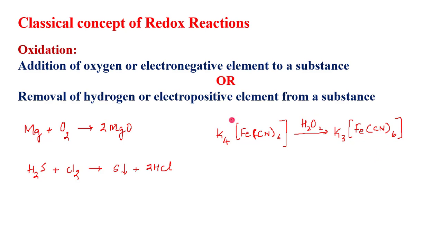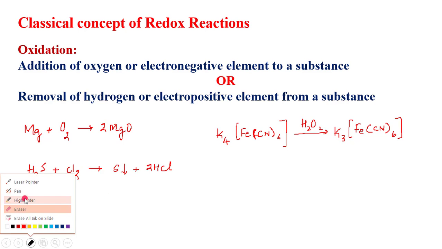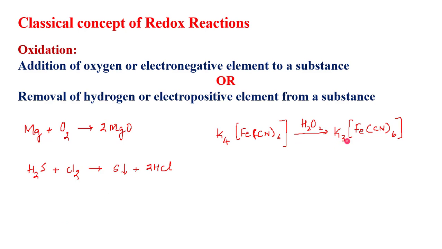What has happened is you have removed potassium. Here 4 potassium were there, and you have removed 1 potassium and it has become 3 potassium. This is potassium ferrocyanide and this is potassium ferricyanide. So potassium is an electropositive element. Metals are electropositive, so you are removing that metal. So this process also will be called oxidation, right?